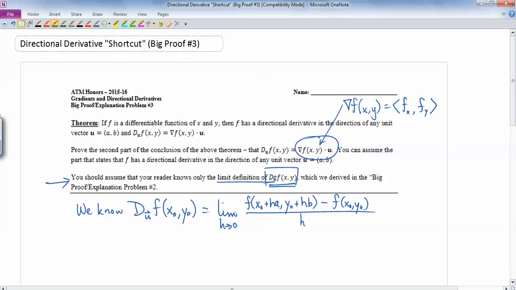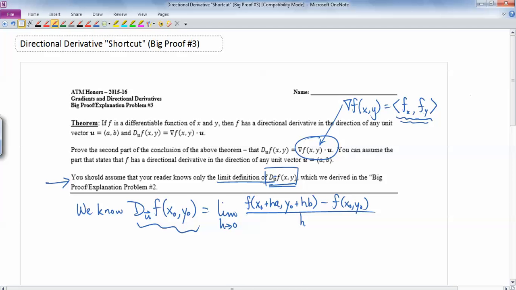Very basic idea. Okay. So we're trying to prove that the directional derivative, this thing right here, instead of using the limit definition, we're going to use the limit definition to get something like this, the gradient dot u, which is much simpler looking.